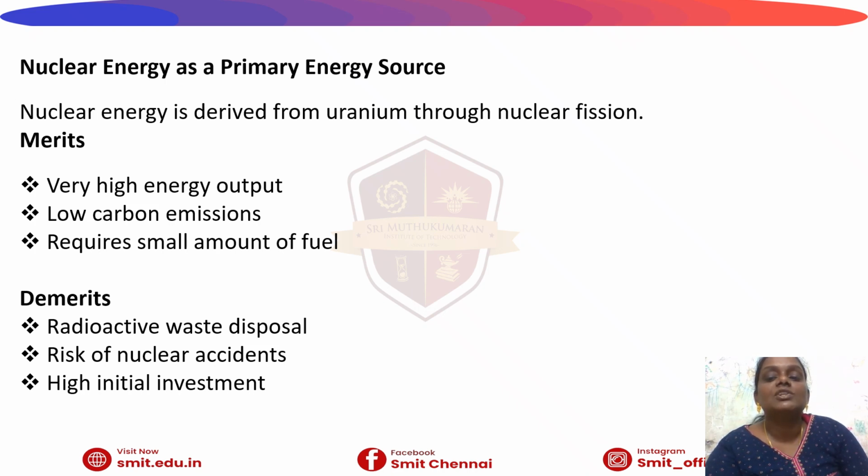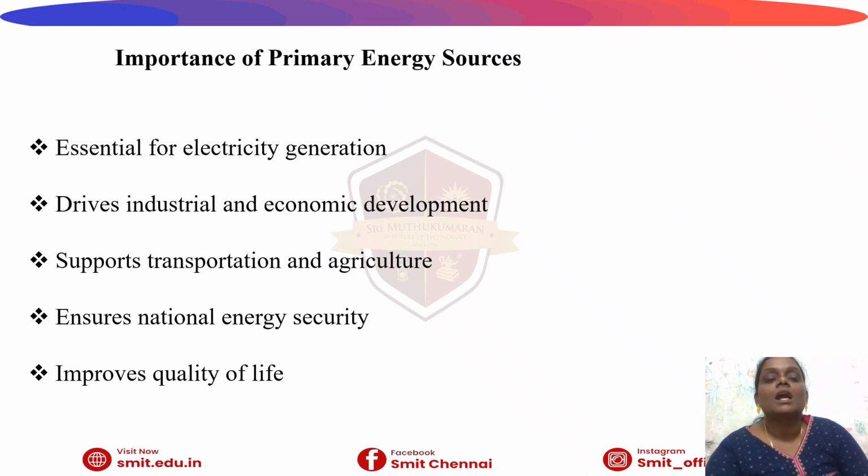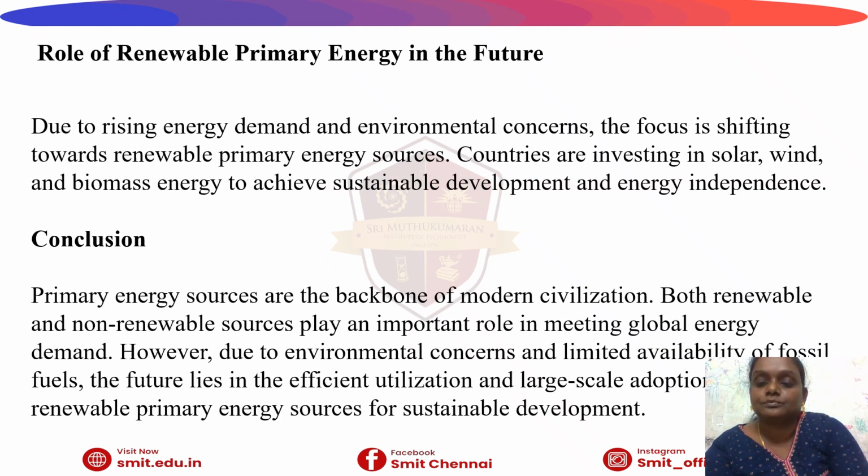It is a very high initial cost. And importance of primary energy sources. Primary energy sources are important because they generate electricity, support industries and factories, help transportation and agriculture, ensure national energy security, and improve quality of life.